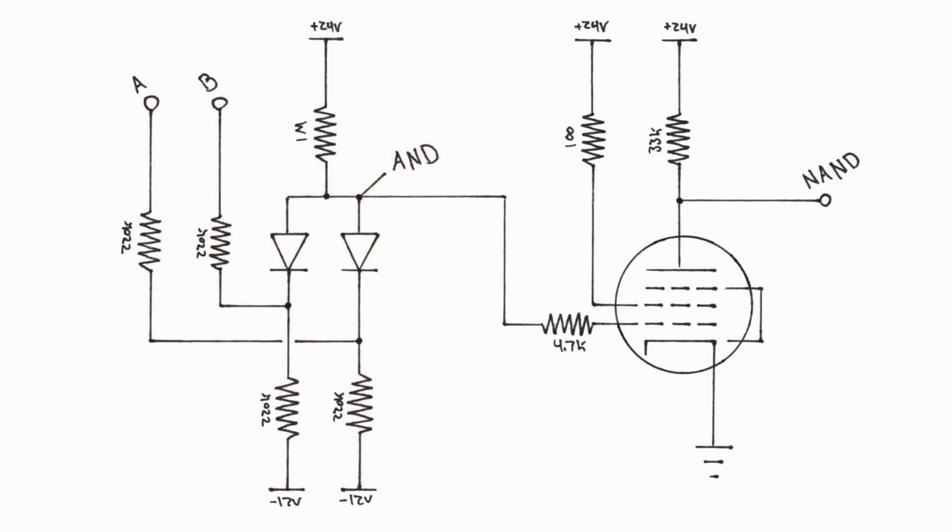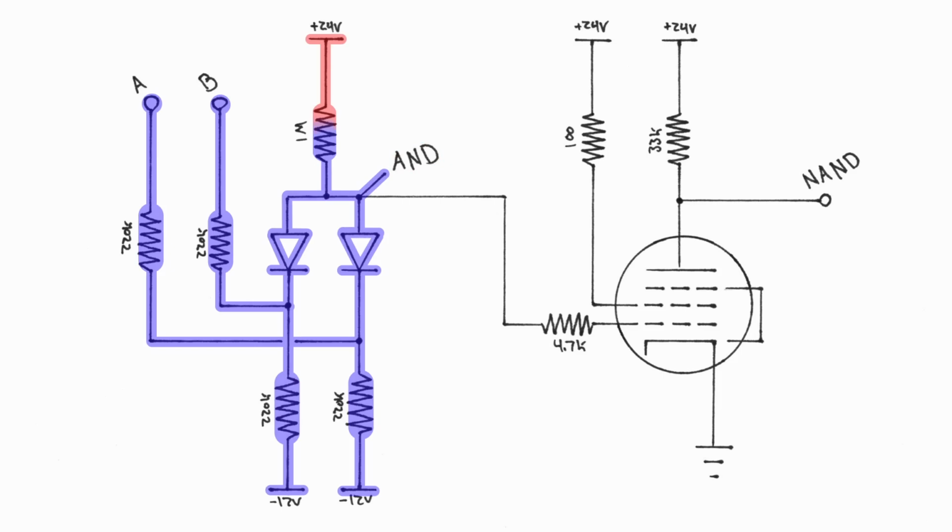So how does that work? Well, if both of our inputs are low, the 220,000 ohm resistor that goes to minus 12 volts is a much smaller resistor than the 1 megohm resistor that goes to plus 24 volts. And so those resistors are acting as a pull down for that point where we're taking our AND output.